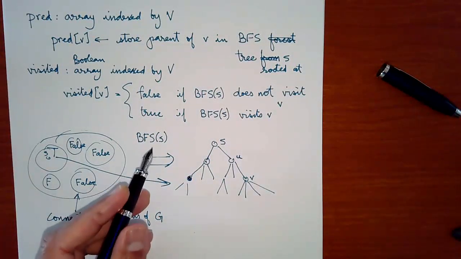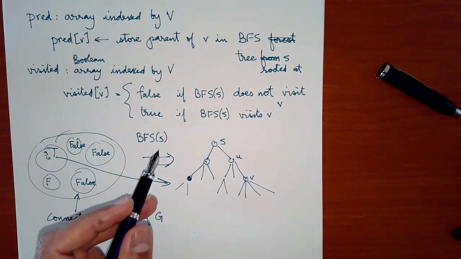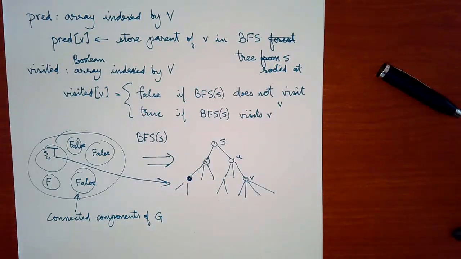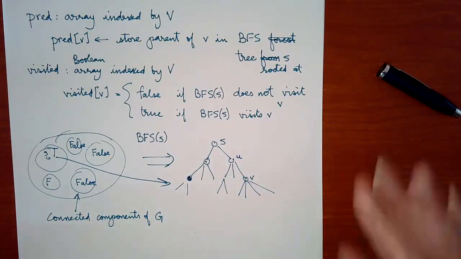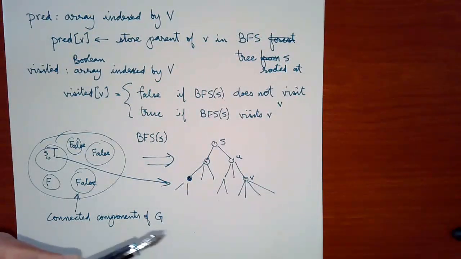This is BFS run from a single vertex S. Any questions about that? Does everyone see how the predecessor array is essentially storing a tree?